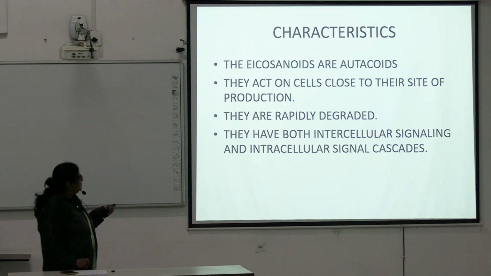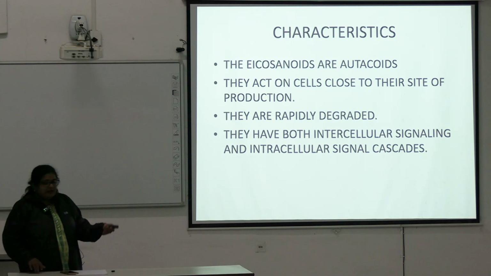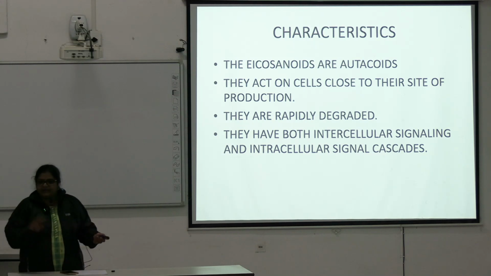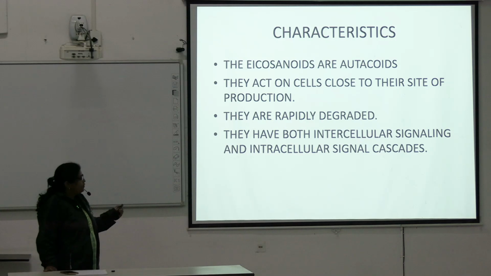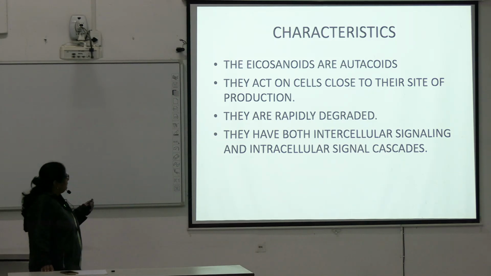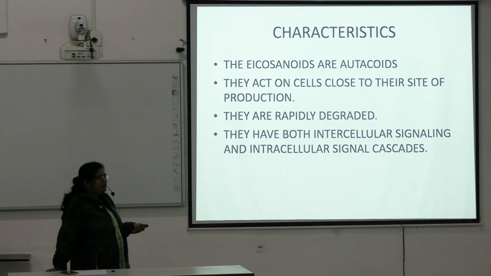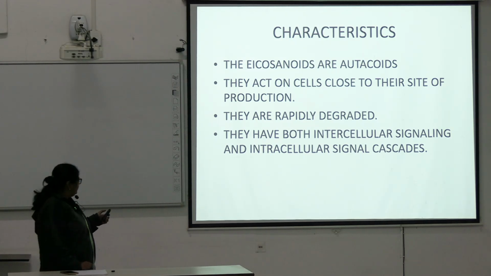So, they have both intercellular signaling and intracellular signal cascades.